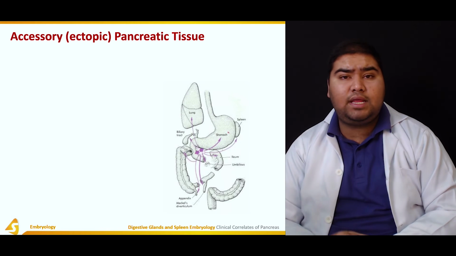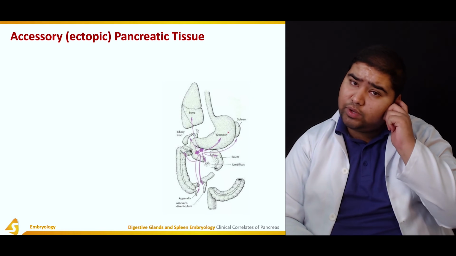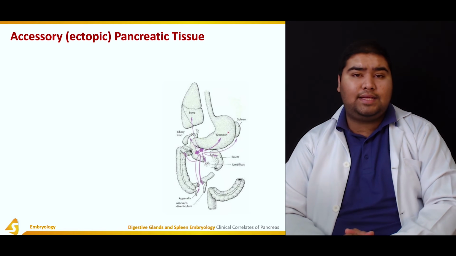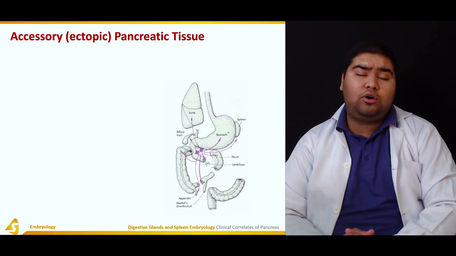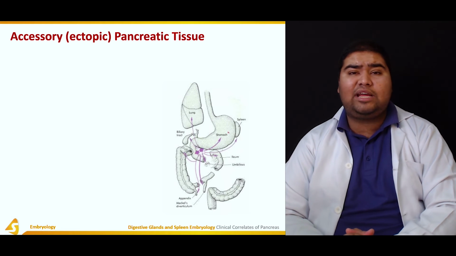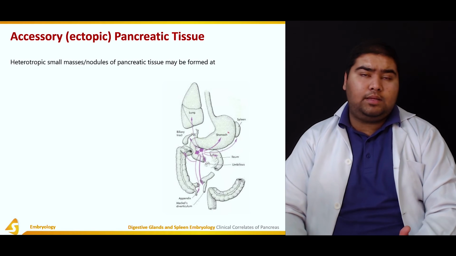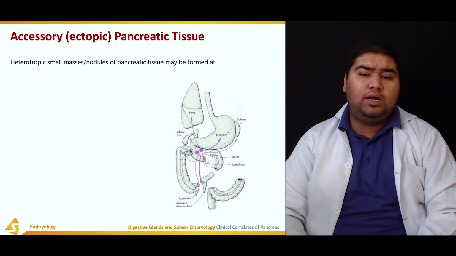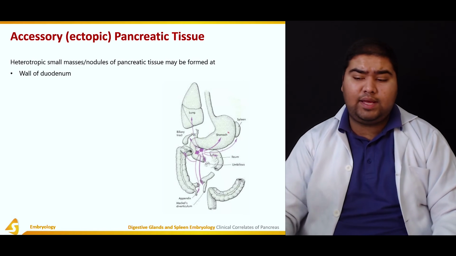So now, accessory pancreatic tissue. What is accessory or ectopic pancreatic tissue? Ectopic is at an irregular site. So any pancreatic tissue that is not present at its normal site is ectopic pancreatic tissue. There may be small masses or nodules of pancreatic tissue formed. What are the major sites where they can be formed?